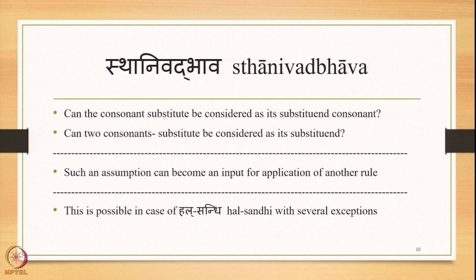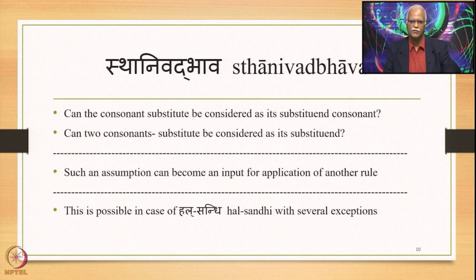We also have sthanivat bhava playing a very crucial role, just as in ach sandhi, so also in hal sandhi. The questions that can be asked over here are: can the consonant substitute be considered as its substituent consonant? Can two consonants substitute be considered as its substituent? So we shall see that in hal sandhi something unique happens. There is one substituent and there are two substitutes.